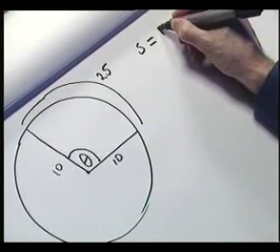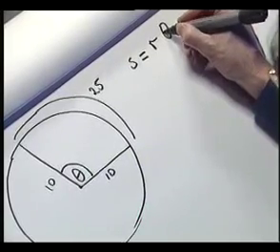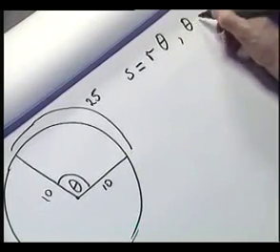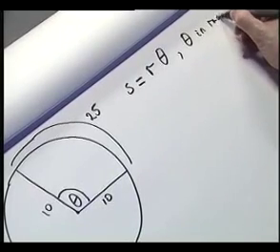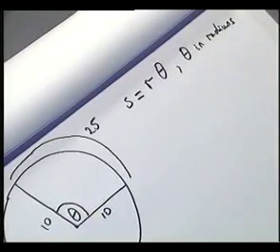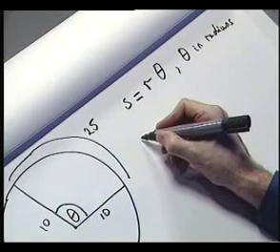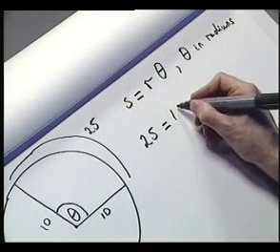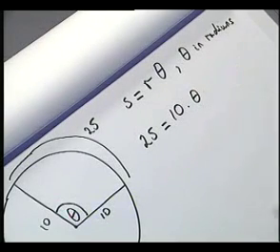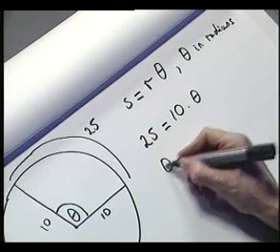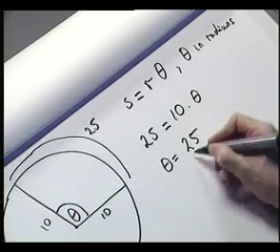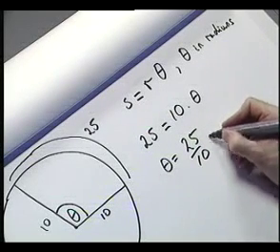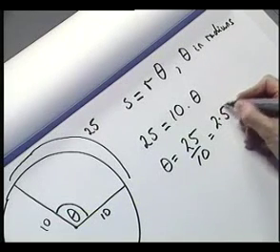So, what's our formula for arc length? That's arc length equals r times by theta if theta is in radians. So, S we know to be 25, r we know to be 10 times by theta. And so theta is 25 over 10, which is 2.5.